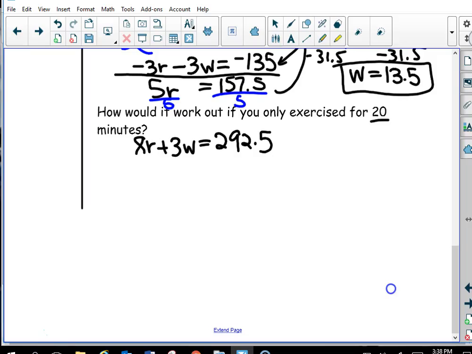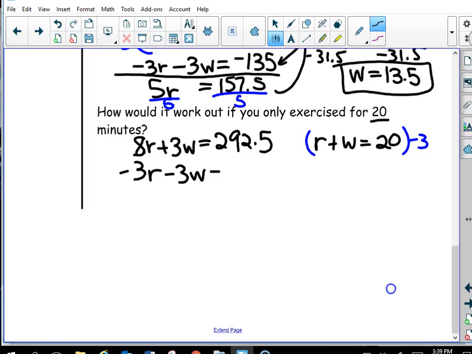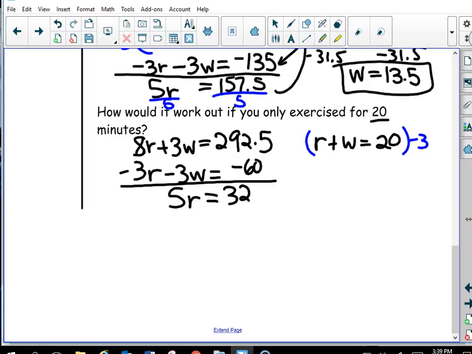I'm going to multiply that whole thing by -3, just like I did above, and that'll give me -3R minus 3W equals -60. When I combine those, I get my 5R again, and that's going to be equal to 232.5.